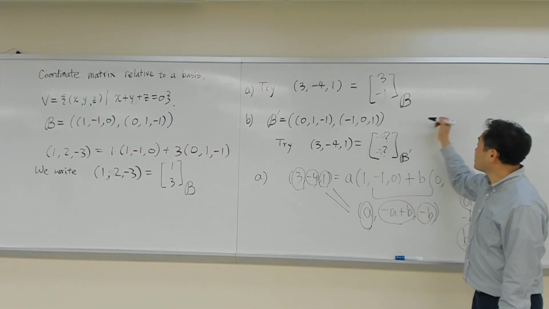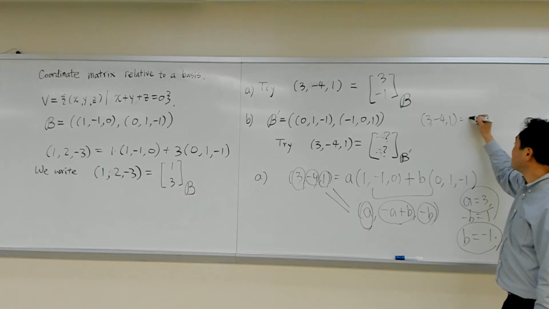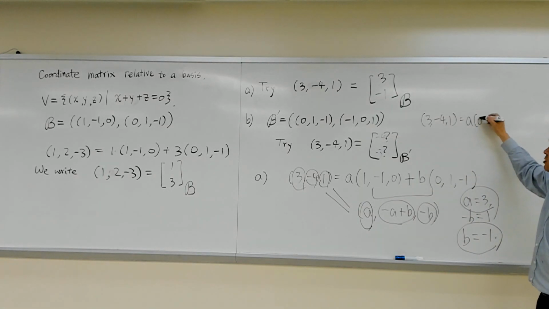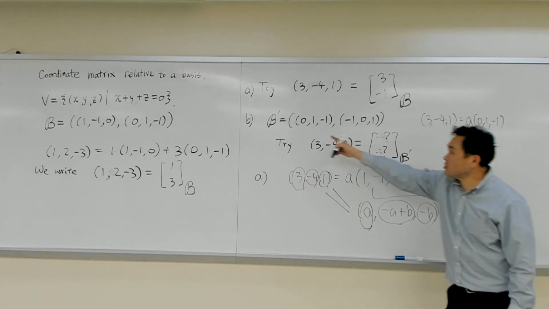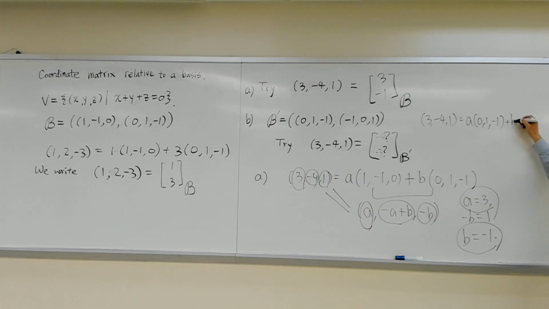Same thing here, you write down 3, negative 4, 1 equal to a times 0, 1, negative 1. I'm using this basis now. B times negative 1, 0, 1. And then you multiply a, multiply b. What's that? That's 0, comma a, comma negative a, right?